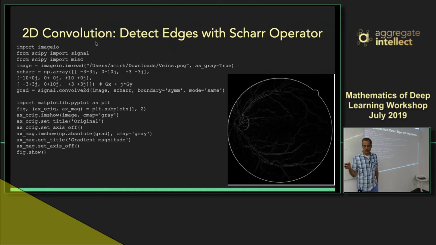One is online. What are the use cases for edge detection? Edge detection algorithms are used a lot in image segmentations, and so examples of that, I showed you a biomedical example.